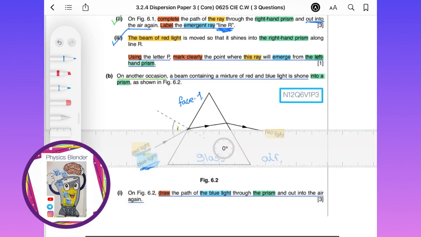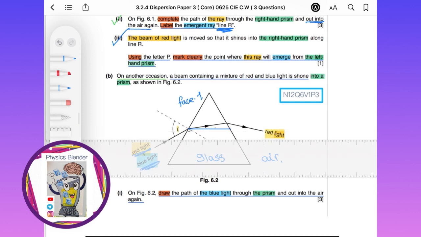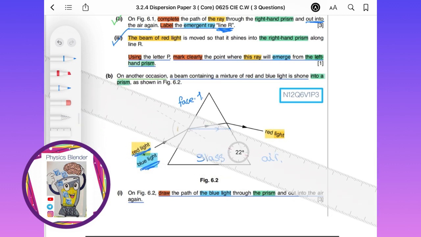The blue one will be refracted towards the normal also, and here it will be away from the normal.